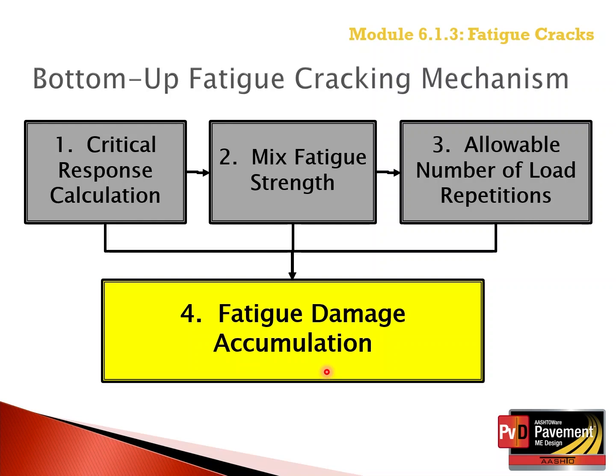This section of the module will explain and discuss the accumulation of the incremental fatigue damage in the asphalt layer, which is similar in concept to that which has been discussed for Portland cement concrete in Module 5-1-1 for mid-slab fatigue cracking in rigid pavements.